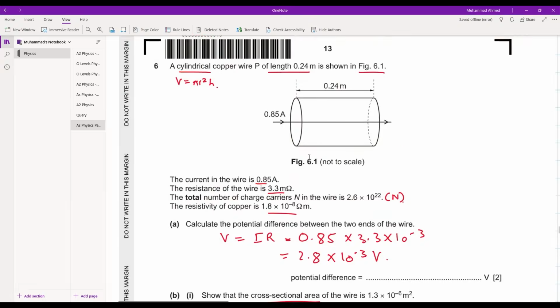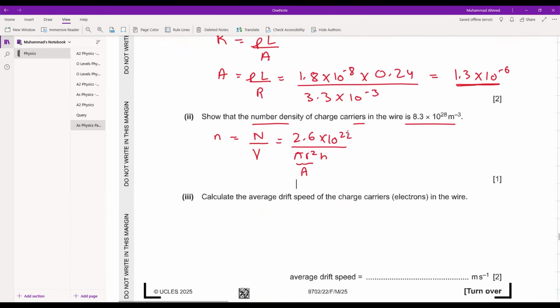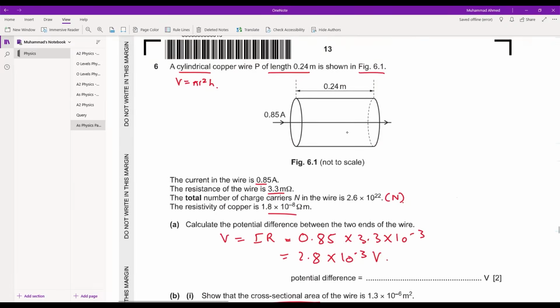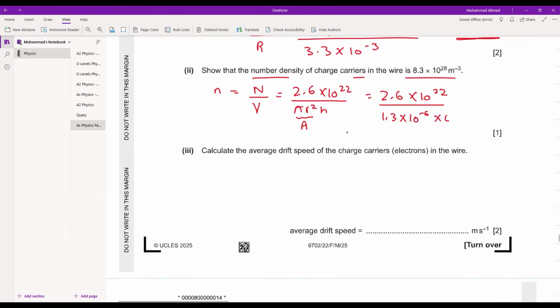Do you have the height? Yes, 0.24. So 2.6 into 10 raised to the power of 22 divided by your area, that is 1.3 into 10 raised to the power of minus 6, into the height, which is 0.24. What does your answer come out to be? 8.3 into 10 raised to the power of 28.